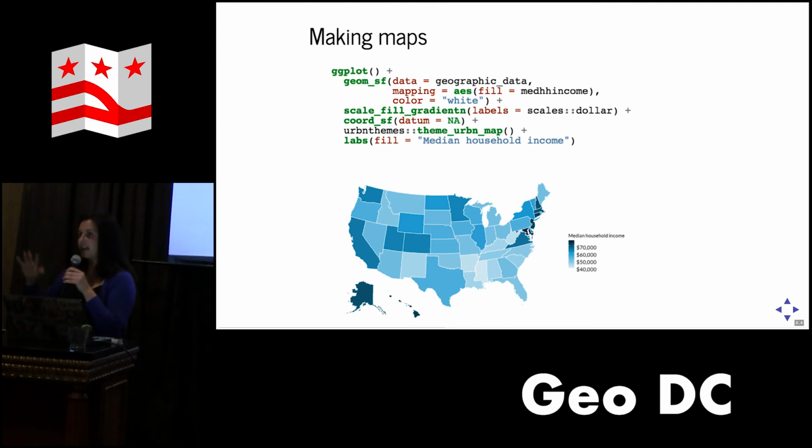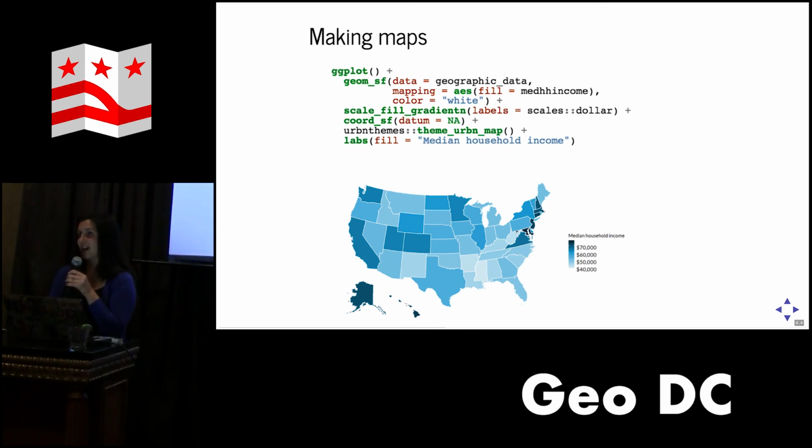So literally any data set that has a state FIPS code, a county FIPS code, a county name, a county abbreviation, state abbreviation, you can just merge it onto the data the same way you would merge two normal data sets. So Tidy Census actually has, I don't know if anyone's familiar, it's an R package that pulls from the Census API. It has similar features built in, so it works well with that.